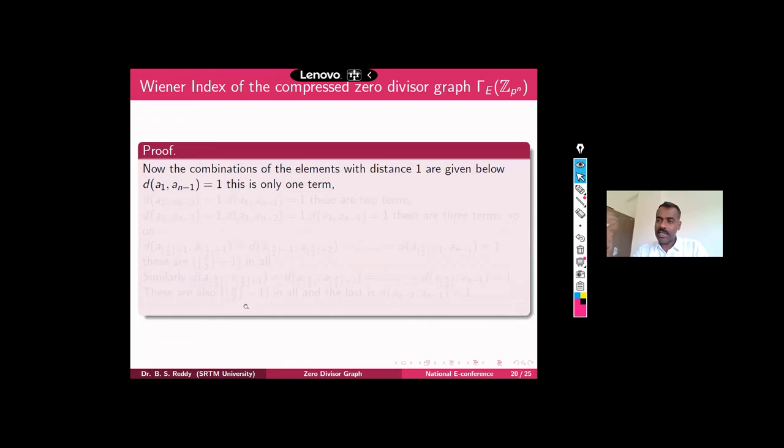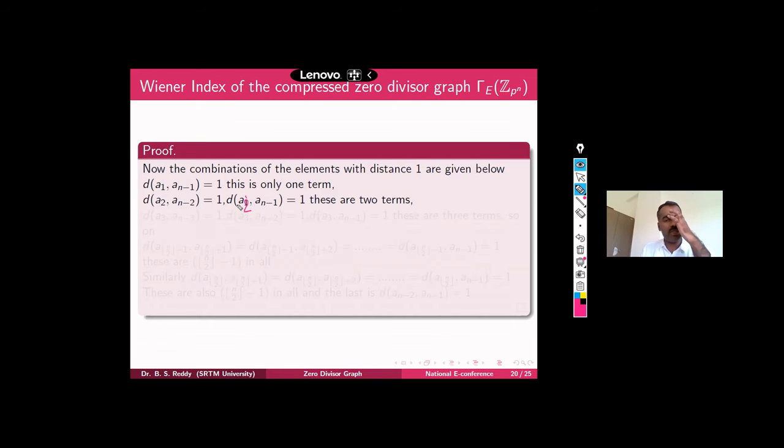Similarly, what are the combinations for 1? If you check in a similar way to what we did for 2, again only 1 will be there for a1 to an minus 1, then 2 will be there for a2, which is a2 an minus 2, and here there is a typo, it should be a2.